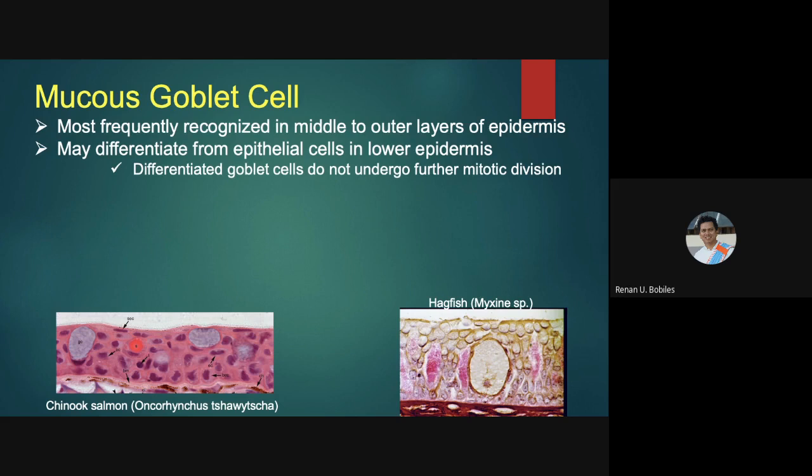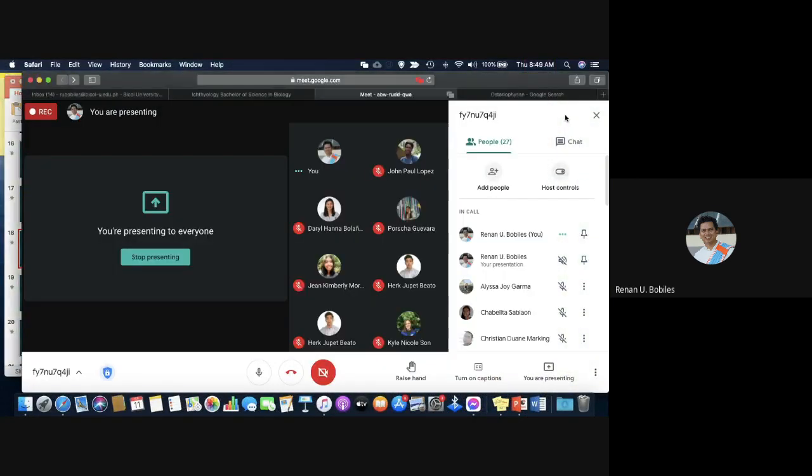Ano yung pag sinabi nating differentiated cell, what does it mean? Ano pag sinabi nating differentiated cells? What do we mean by differentiated cells? Ms. Gibara.